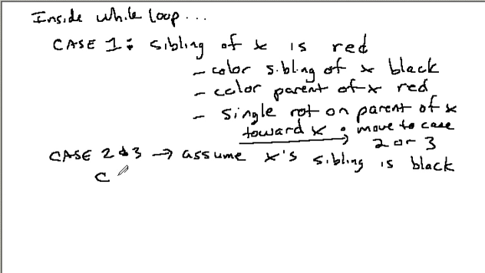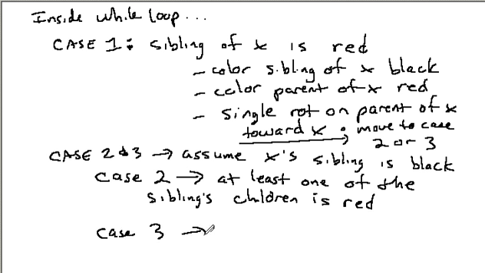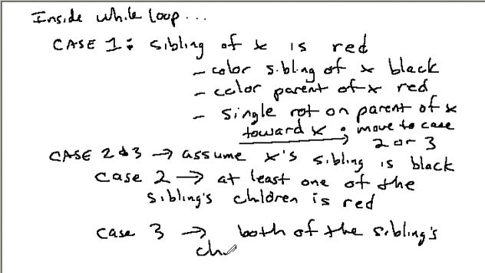In case 2, we will say at least one of the siblings' children is red. And case 3 will be both of the siblings' children are black. And those will be our cases.